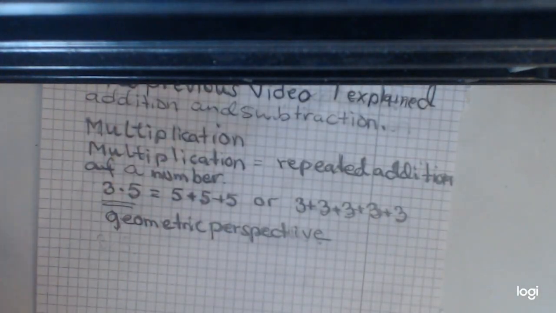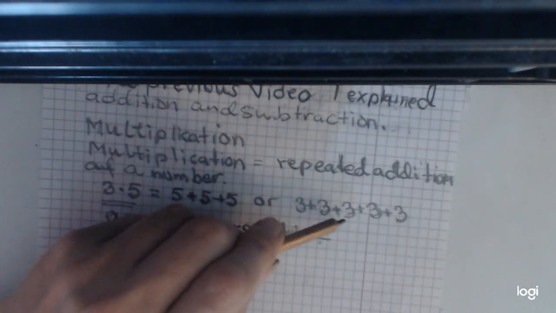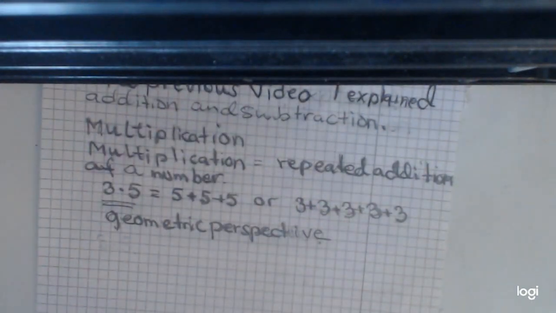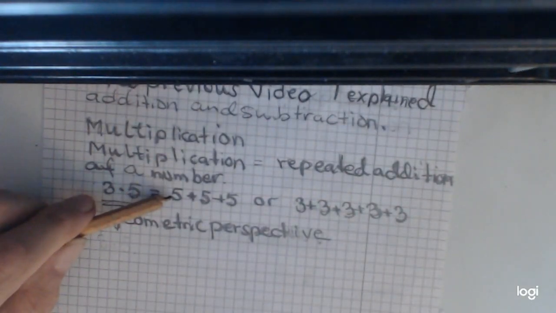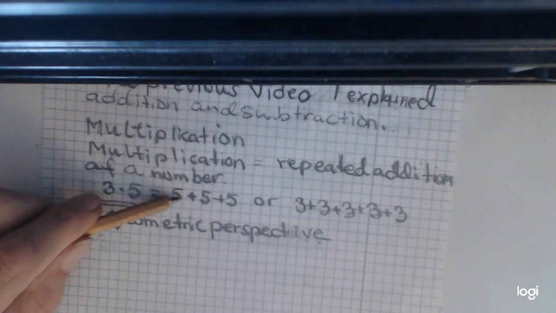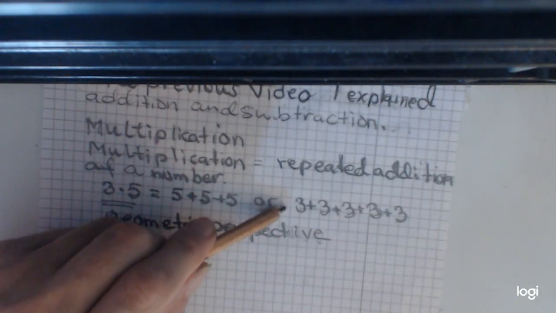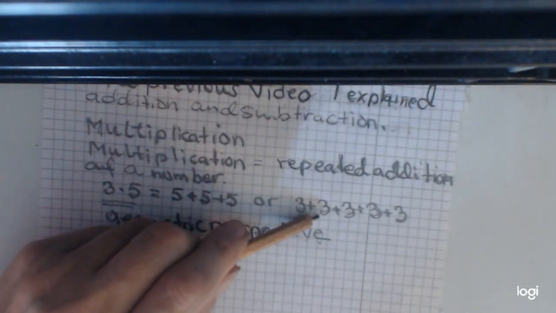Or you can have 3 plus 3 plus 3 plus 3 plus 3. In the first case here, you have number 5 and you add them together 3 times. And in the second case here, you have number 3 added 5 times.